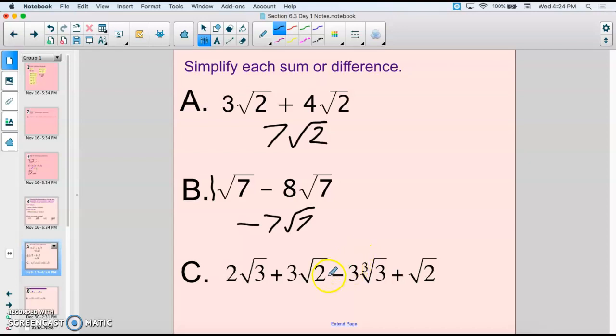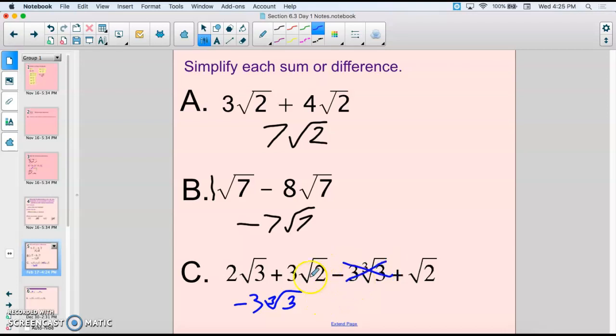Down here, let's take a look and see, do we have common radicals? Well, first off, we know that this one's kind of an oddball, right? And so let's just go ahead and put it out in front and not even think about it. Then we're kind of done with this one.